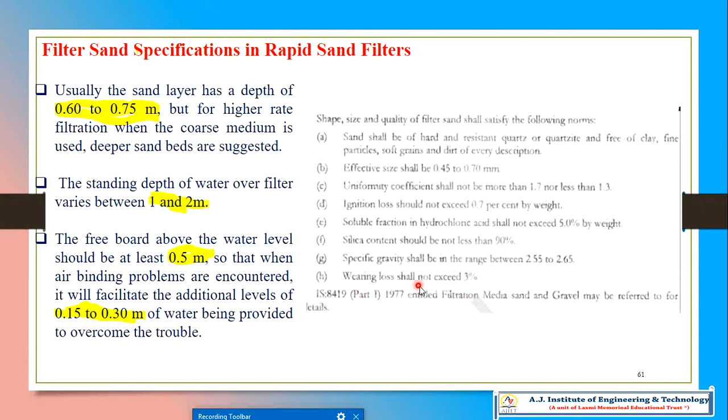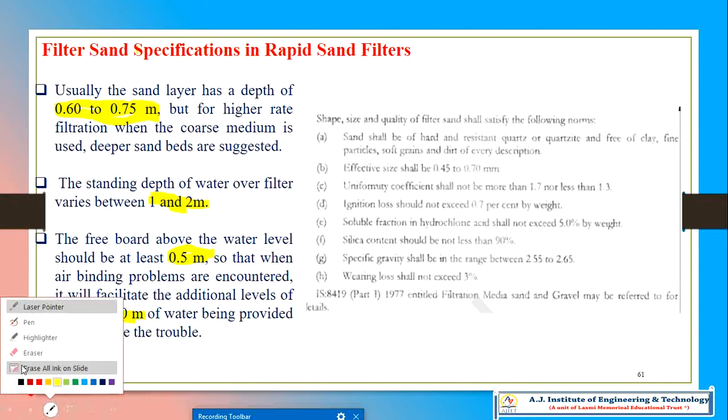Wearing loss shall not exceed 3%. This should be the quality of the sand. These are the norms to be followed for the sand used in the rapid sand filter to get better efficiency.